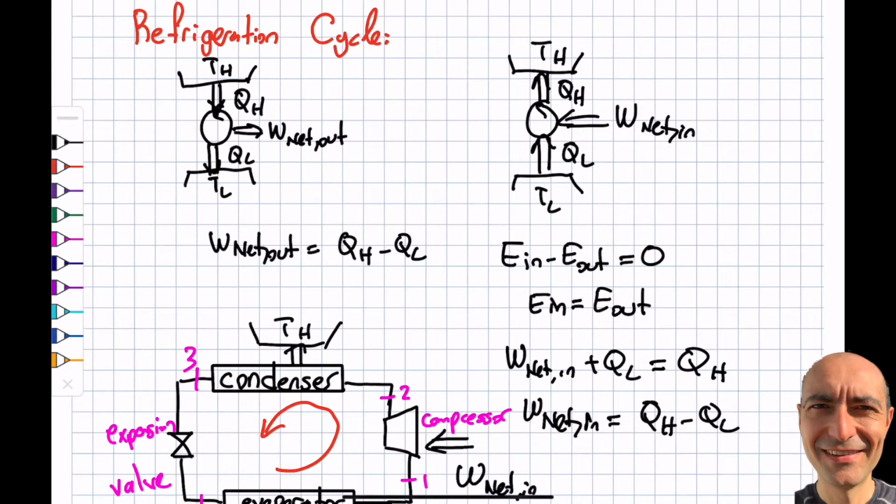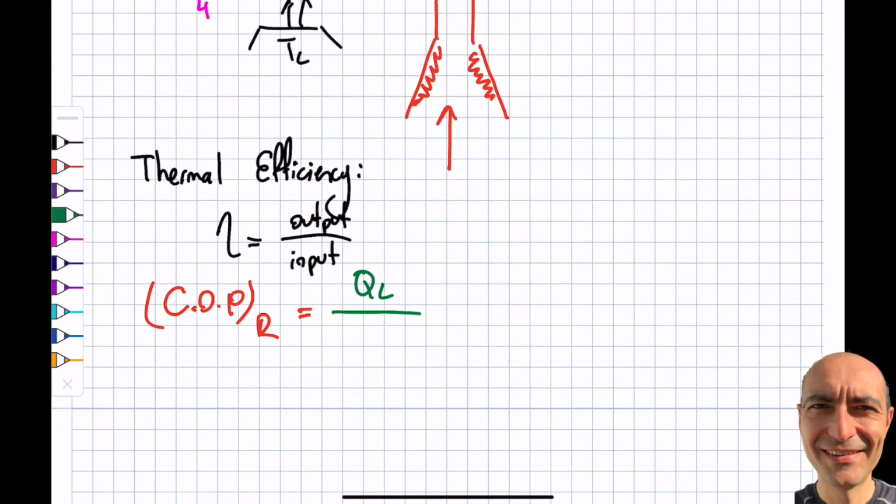This is the electricity cost, how much it's costing me to run this air conditioning system or refrigerator. So W net in, okay? And I did it up there, so I want to write this W net in terms of QH and QL. It is the same thing for both the heat engine and refrigeration cycle, except in terms of the direction, that's an out, okay?